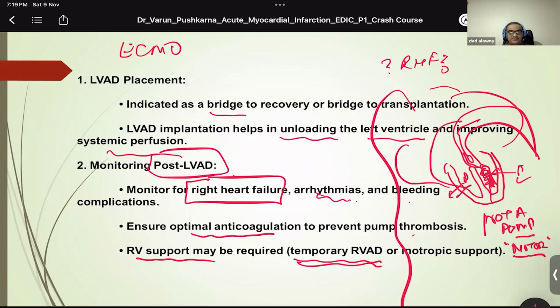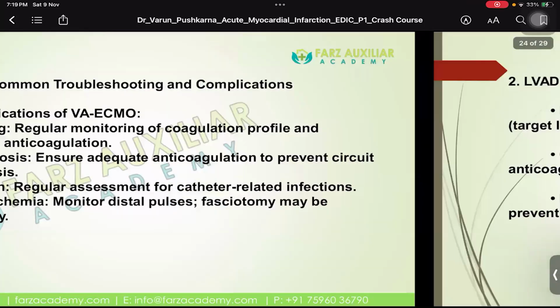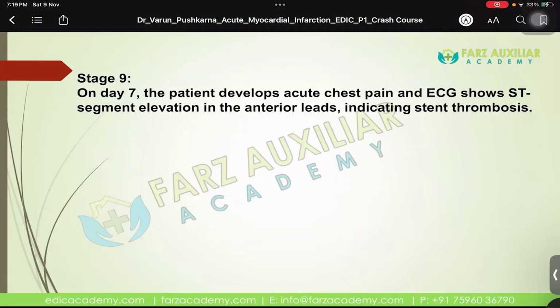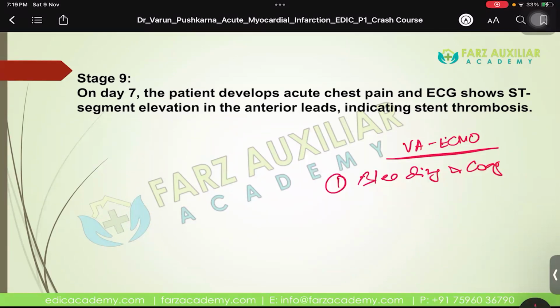What else? Dissection, infection. Okay. So basically, we can divide these things. For VA ECMO, the complications can be divided into bleeding and coagulation issues. If you categorize them, it will become easier for you to remember.